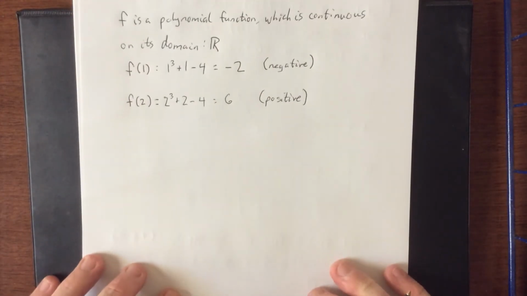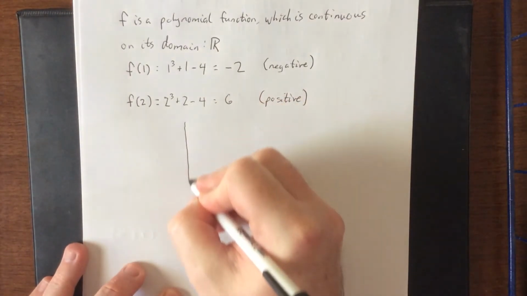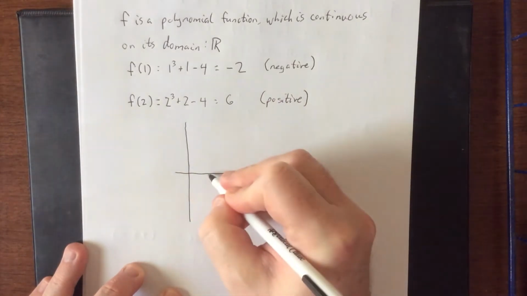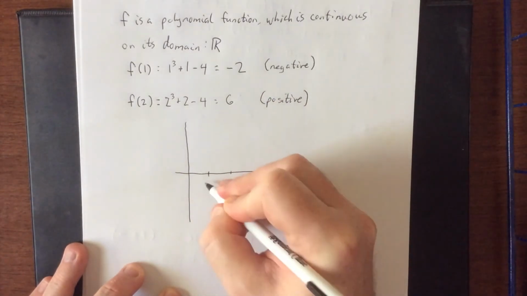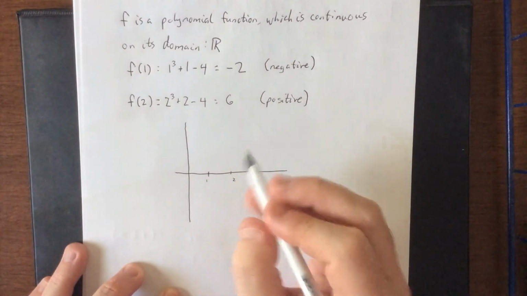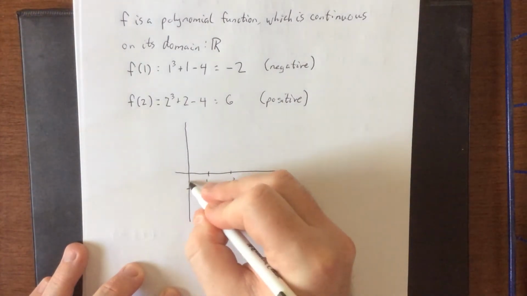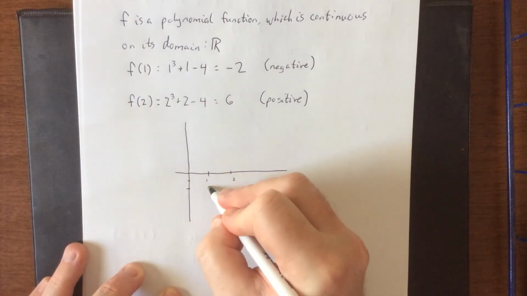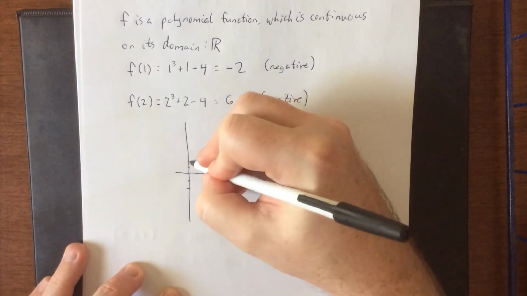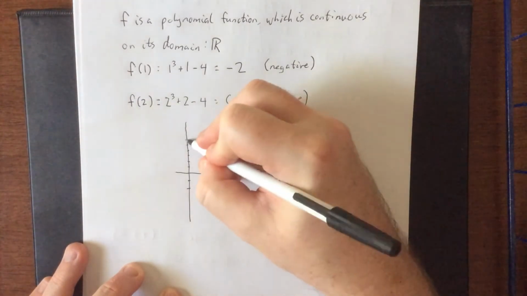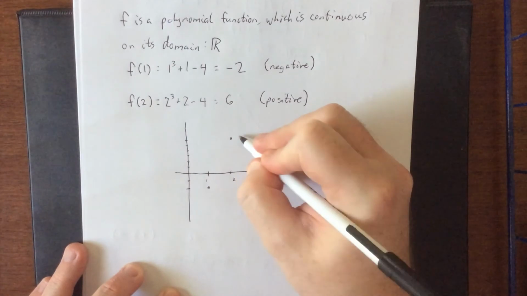So essentially what we have just done is we have shown that this cubic polynomial function has a y value at x equals 1 of negative 2, and then at x equals 2 we get a y value of positive 6.